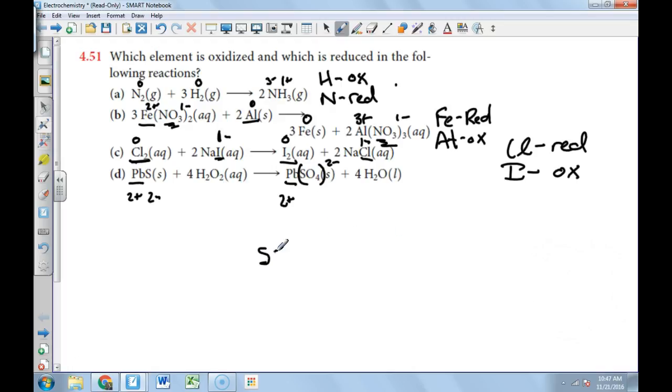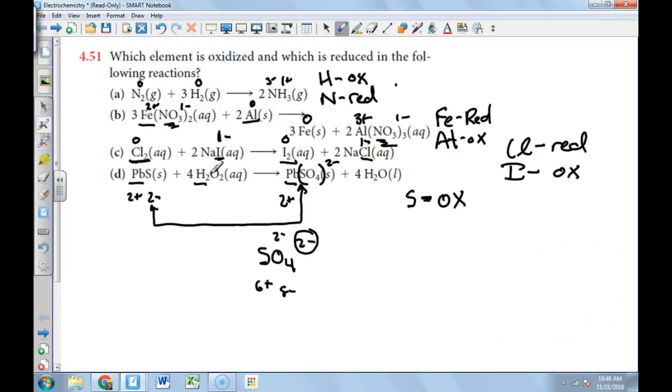Sulfate, SO4 2-, is a polyatomic ion. The oxidation state of oxygen is always 2-. There are 4 of them, so that's a total of 8-. We need the overall charge to add up to 2-, so sulfur must be 6+. So sulfur is going from 2- to 6+. That charge is going up, so sulfur is what is being oxidized.